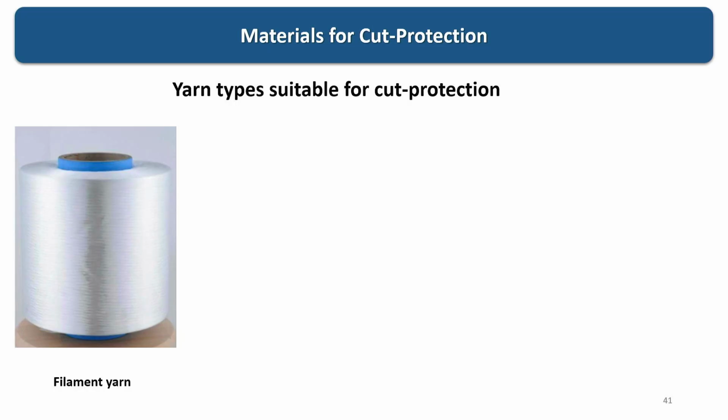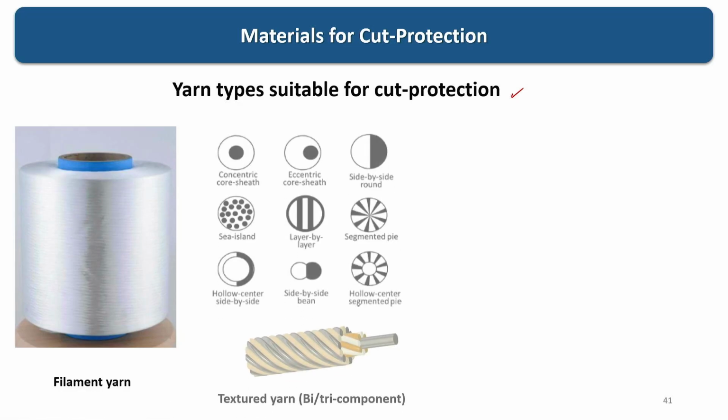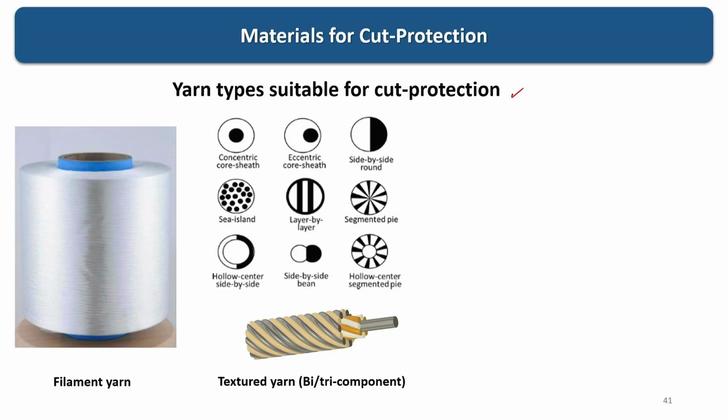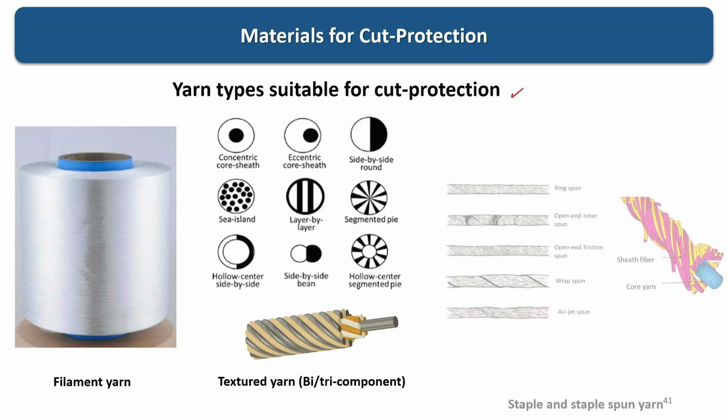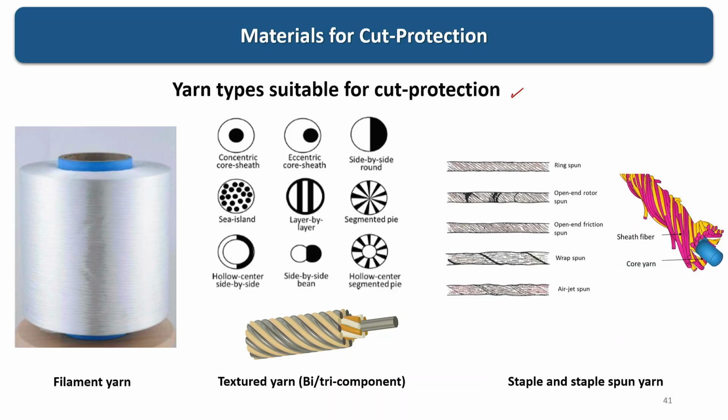Now, let us see what the different types of yarns suitable for cut resistance are. Typically, we use filament yarns of different structures, and also different types of bicomponent yarn, and different types of staple spun yarns along with the filaments.